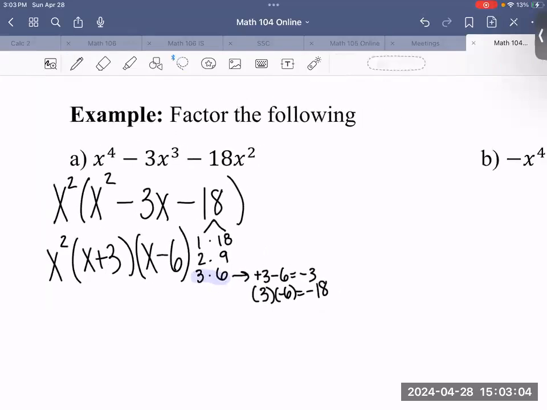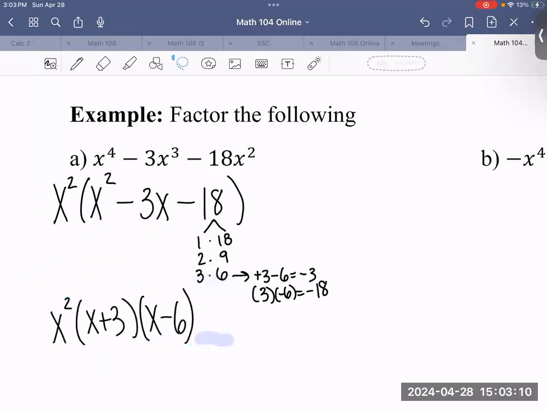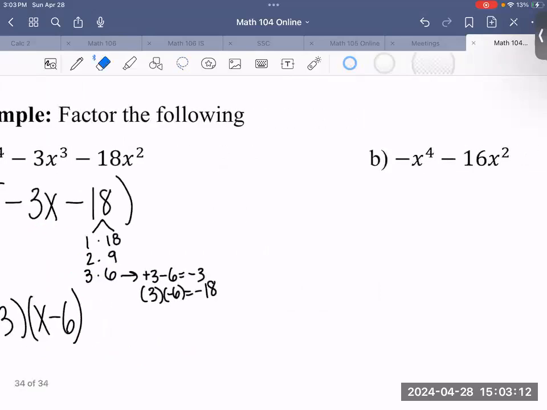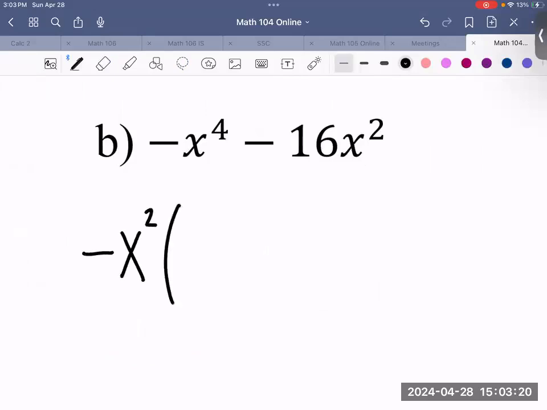We'll move that down a little bit. Okay, let's try it again. A little bit more GCF. We take out a -x squared to get x squared plus 16.